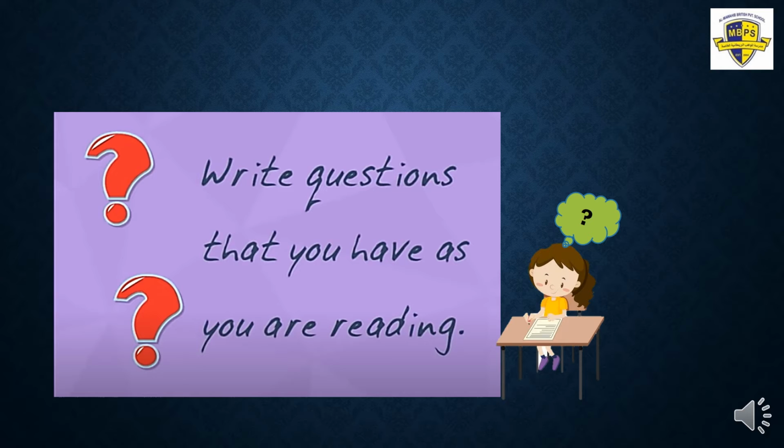And when you write this question down on a small sticky note, you are actually annotating. You annotated questions regarding the text. It could be why, when, how, where, what. So when you ask questions while you are reading the text, you are annotating it.